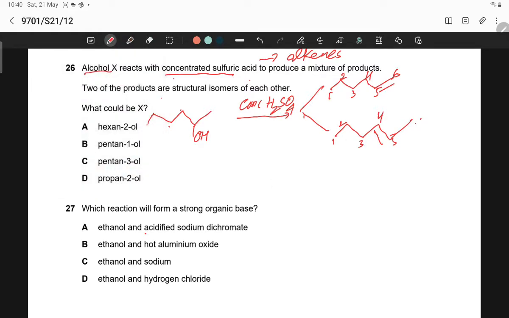So let's check the other options as well. With this double bond, two products are formed. This must be correct. Let's check pentan-1-ol, option B. Pentan-1-ol is a primary alcohol, so only one product is formed like this.